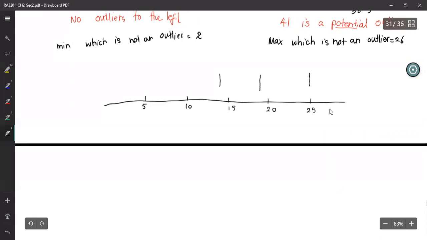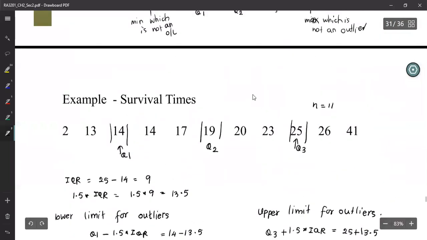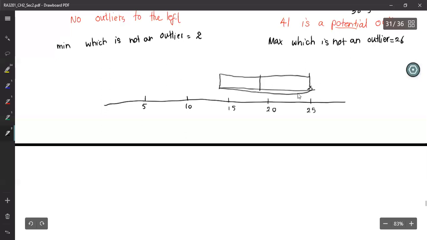Let's draw the box. Sorry, my box is not nice, but you can draw it nicely. You can see that the difference from Q1 to Q2 is 5, and Q2 to Q3 is larger than that, right? 19 to 25 is 6 points, and this is 5 points. So you see the difference, or make sure the upper box is bigger than the lower box.